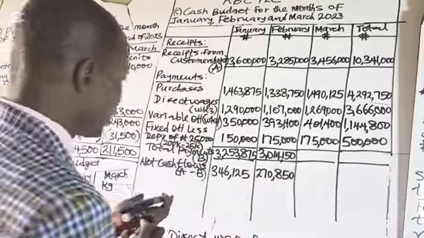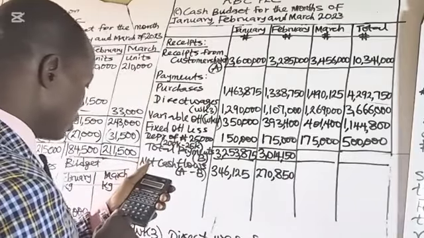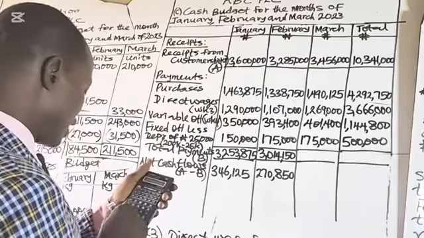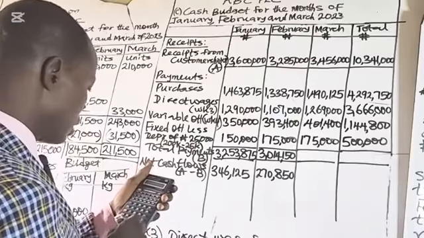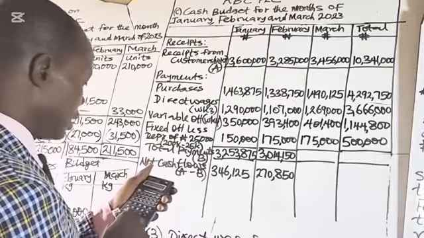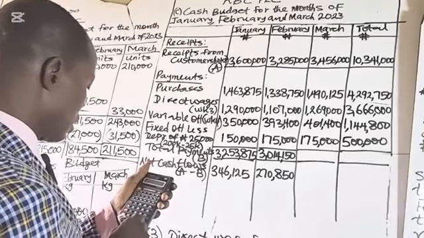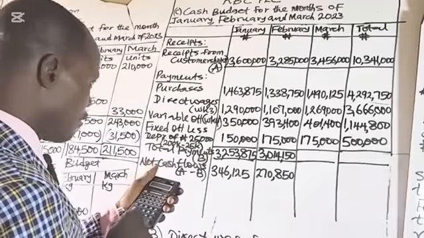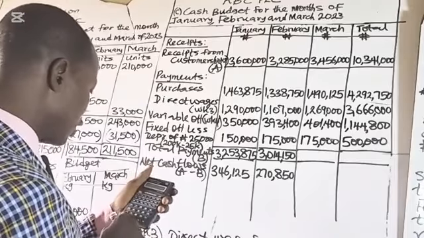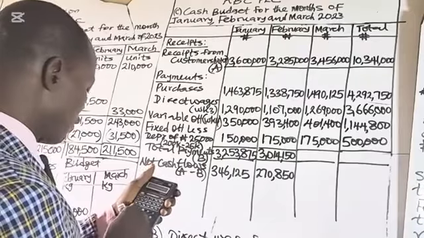In the month of March, the payment is totaled 1,490,000 plus 1,269,000 plus 401,400 plus 175,000.